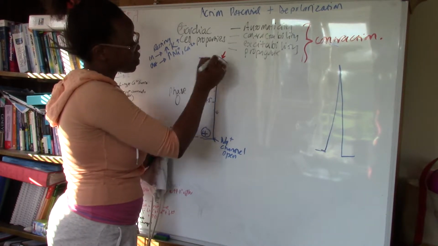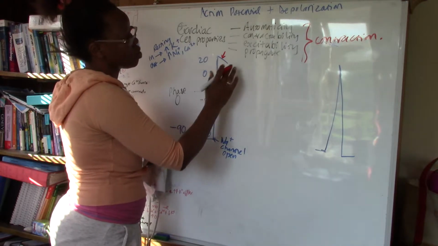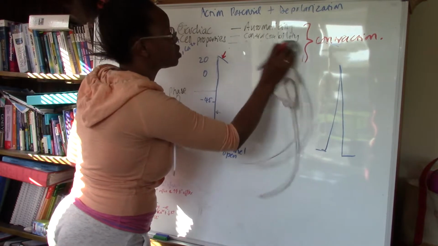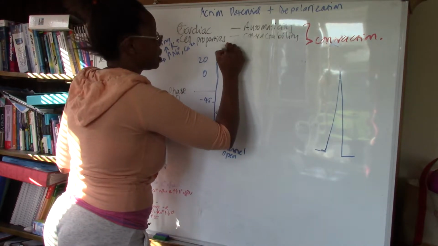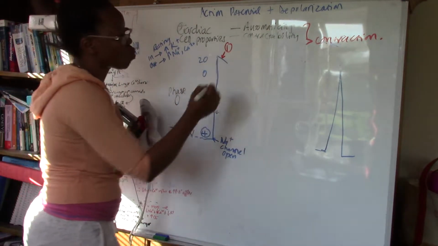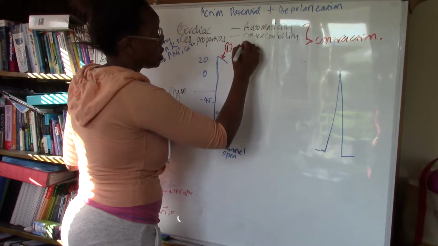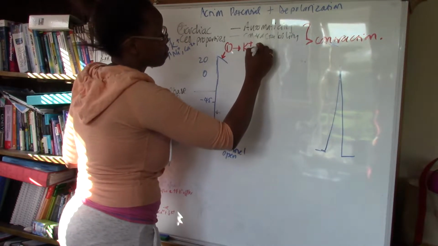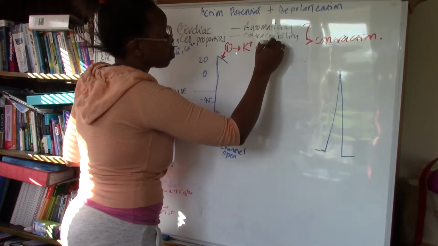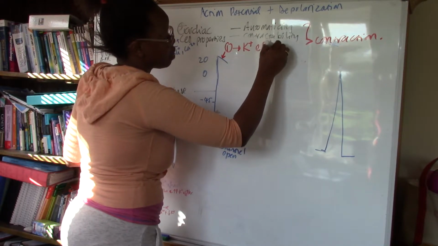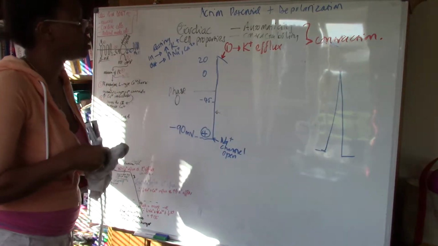So that will be called phase 1. I'll just write the number in fact. And phase 1 arises from potassium channels opening and causing the efflux of potassium from the cell.